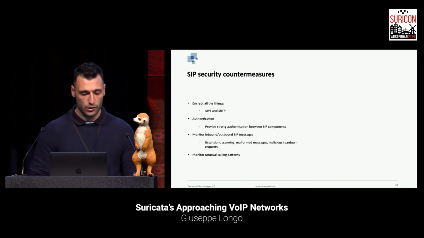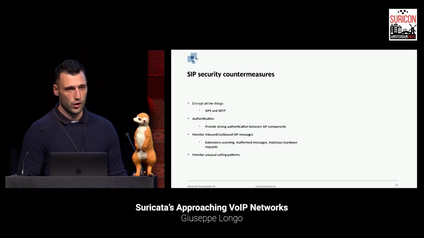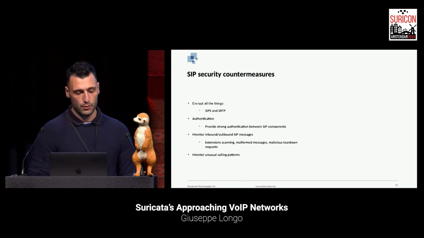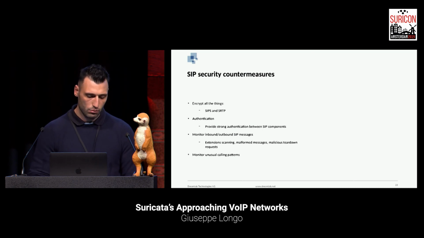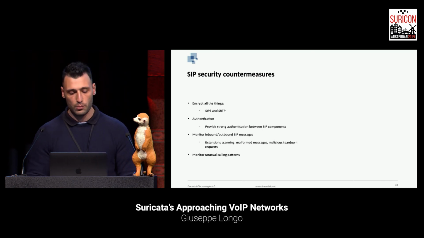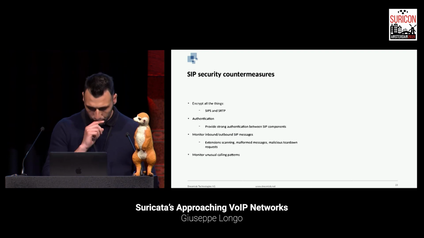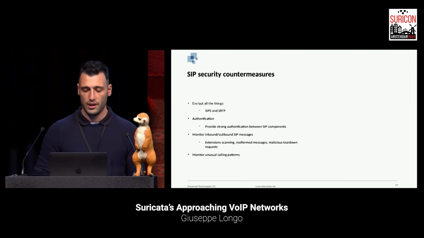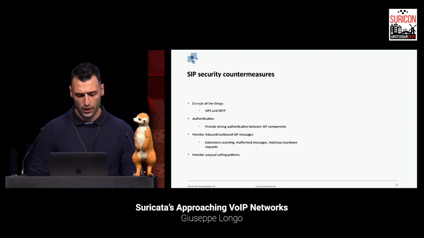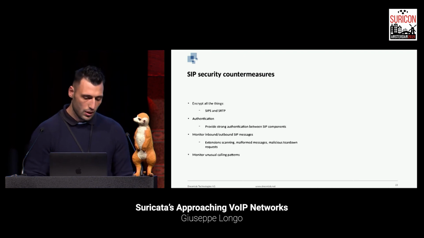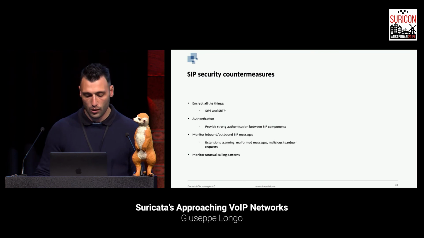Then use some strong form of authentication between SIP components, monitor inbound and outbound SIP messages, looking for extension scanning, malformed messages, and malicious teardown requests, and also monitor unusual calling patterns.